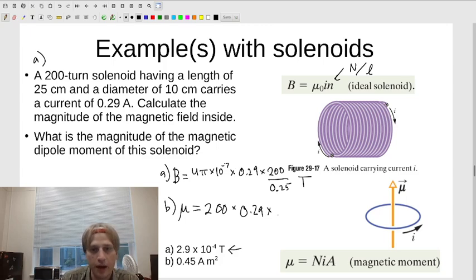That would be pi r squared. So pi times, and our diameter is 5 centimeters, so 0.05, the radius is half of the diameter, and then squared. And that would give me my magnetic moment in amps times meters squared.